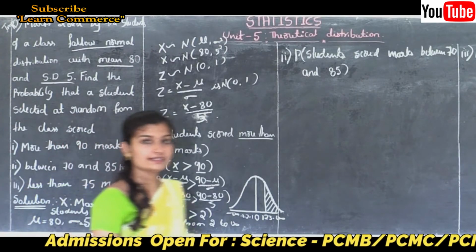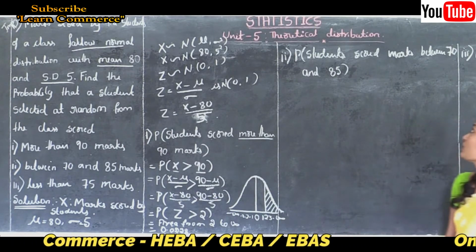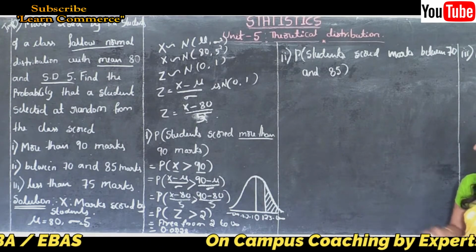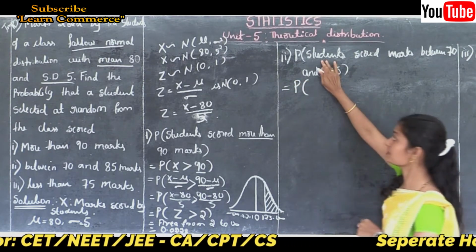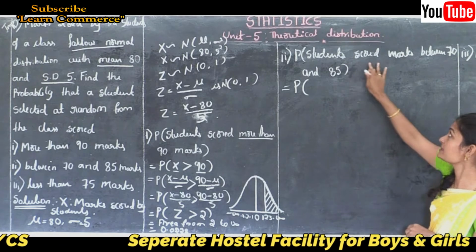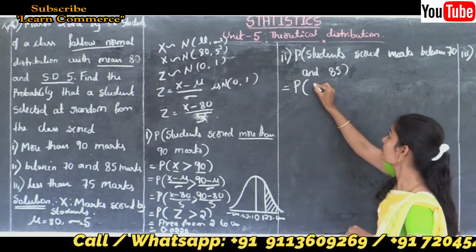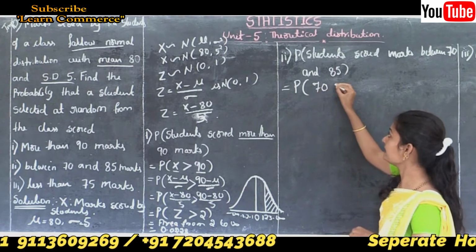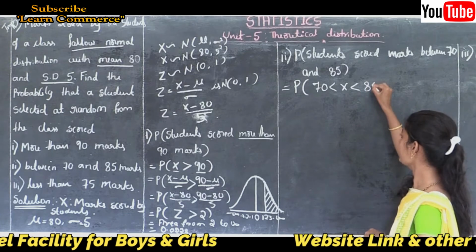Now let's see the second sub question, that is the probability of students who scored marks between 70 and 85. How to write this? Here the first value is 70 less than x less than 85.